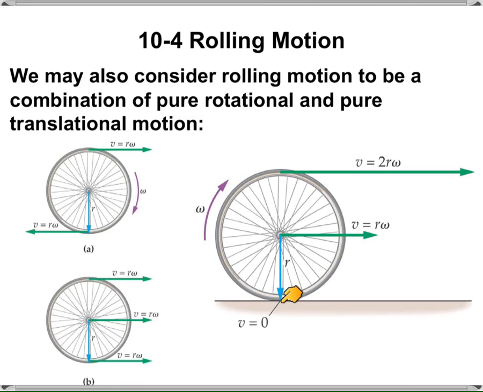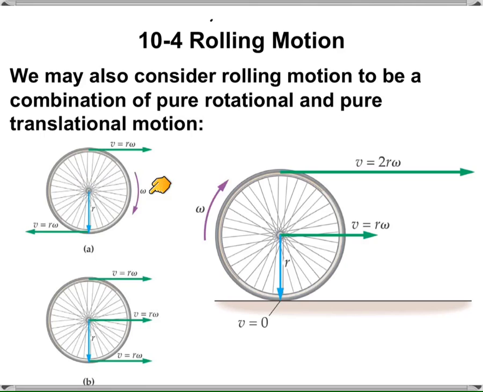The linear speed of the bottom point. Momentarily, it's 0. However, how fast is your wheel going? The point of the wheel where it touches the ground has 0 velocity, okay? So this point has 0 velocity, because if you see the rotation only, from the rotation, the linear velocity in this part must be in the negative x direction.